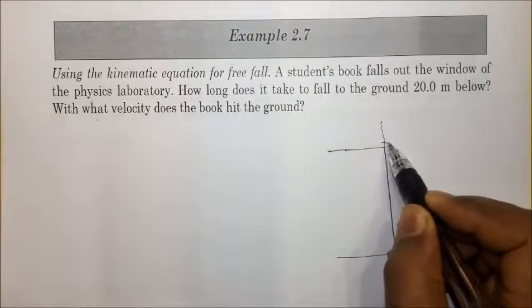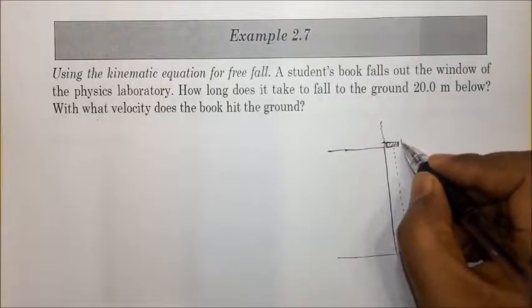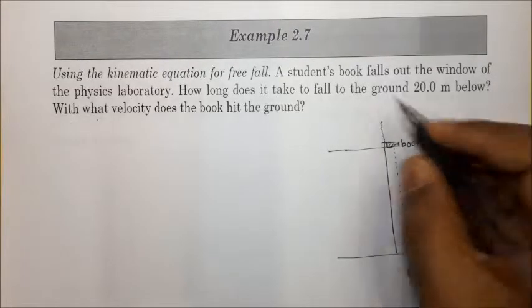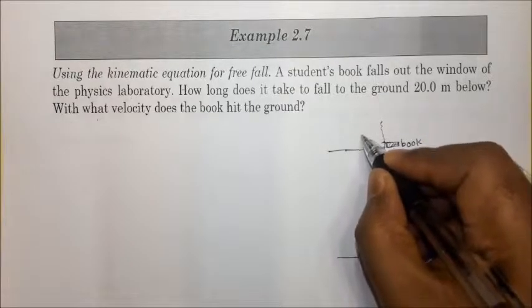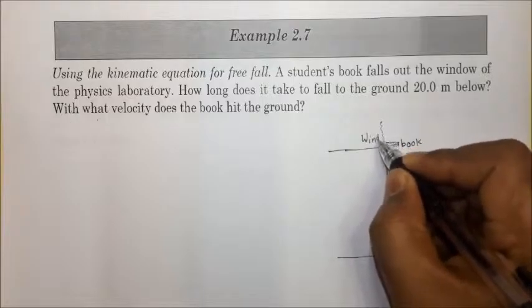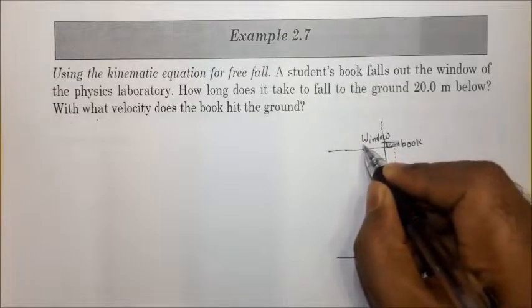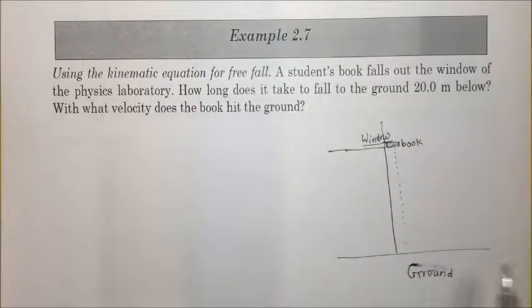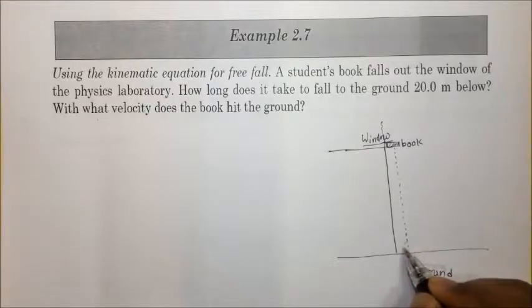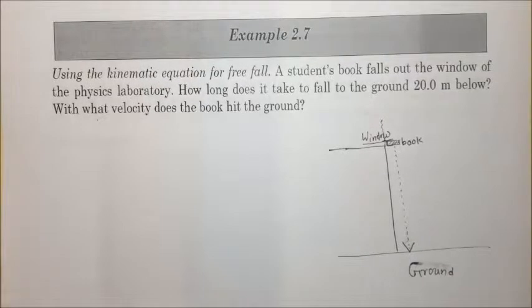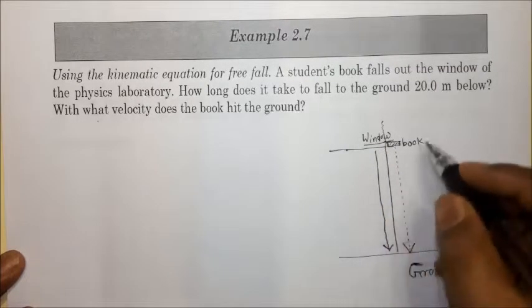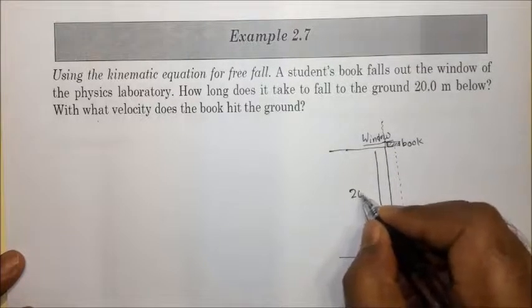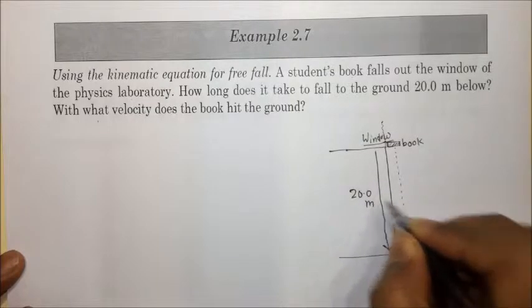There is a book, it falls down from here. This is the window, and the book hits the ground. And how far below does it go? This is 20 meter, 20.0 meter.